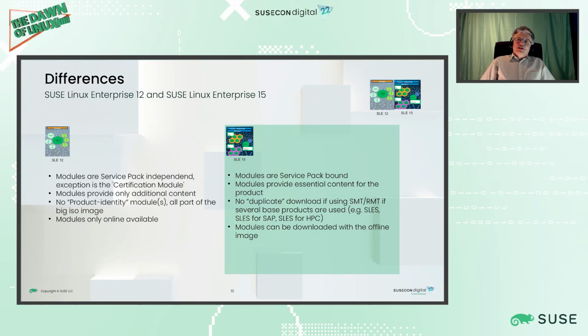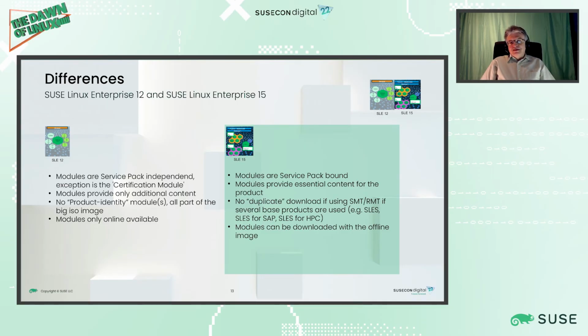On SLE 12, you had the big ISO for SLES for SAP, the big ISO for SLES for HPC, and they had duplicated content. If you downloaded it, you had several times the same package. Awkward, isn't it? Yes, that's why we have SLE 15, where we avoid that, where we change the structure. So if you have, for example, SMT or RMT used, you get only one time the base system module, one time all of it, no duplication.